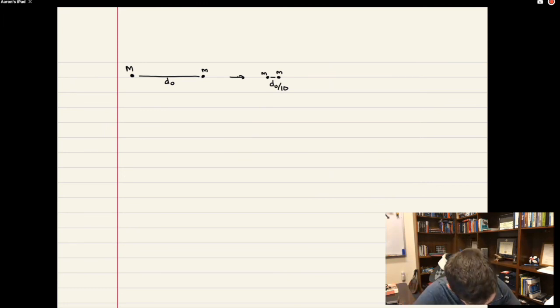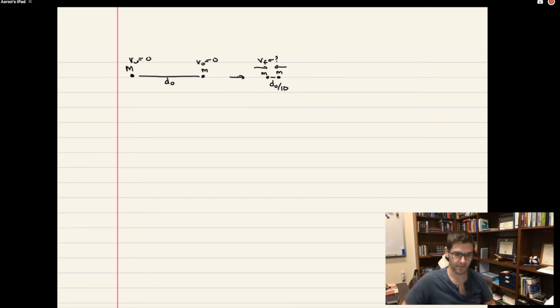And suppose they were released from rest. What are the final velocities that both of these objects ultimately have when they are a tenth of a distance away from one another?